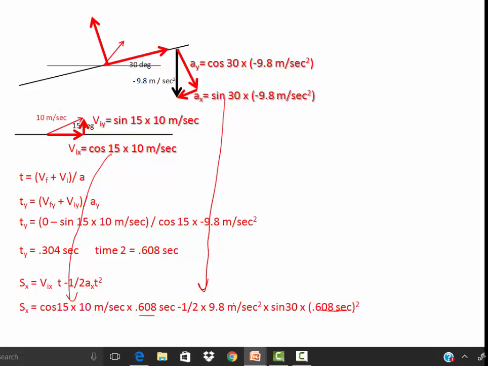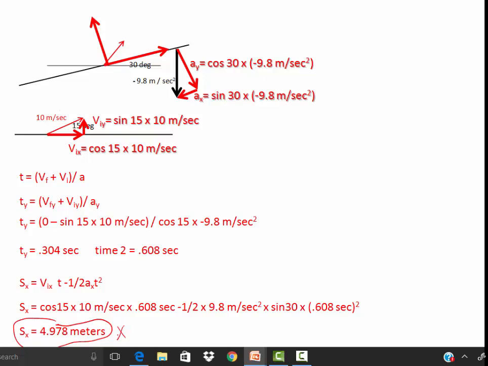So again, plugging this equation into the calculator should give a distance of 4.978 meters, which I know is correct because Khan did the same problem on one of his videos, but he used a different method of using tangents. But again, I think this is right.